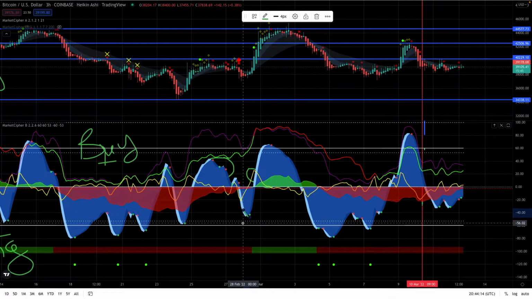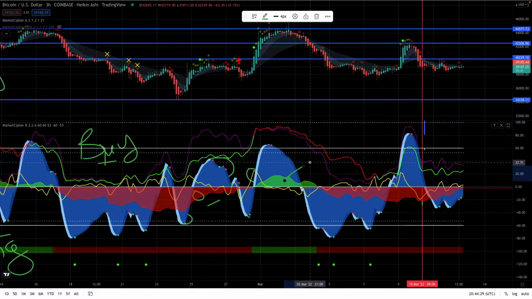The reason I'm saying it is that there's a big difference between the momentum wave and your money flow, which is now red because we are in the negative territories, and when it's green, it means we are in the positive territories. The reason money is important is that every asset is backed by liquidity, which is money.